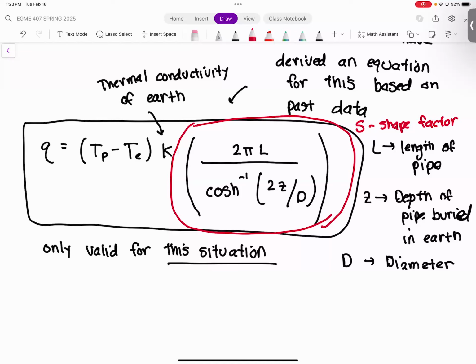Because if you look at that term that I've circled there, all of the variables in there are, well, pi technically is a variable, but pi we know is just a number. All the other variables only have to do with the geometric properties of the situation that we have.